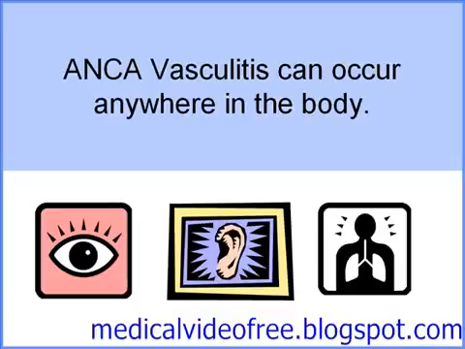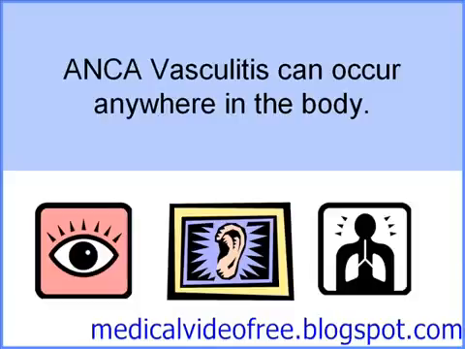So ANCA disease, again, can attack any tissue, including your brain and your eyes and your ears. And so in the eyes, there may be inflammation in the tissues around your eyes, and it's really the small vessels. And so your eyes can become very red. There may be even very swollen areas caused by the inflammation.